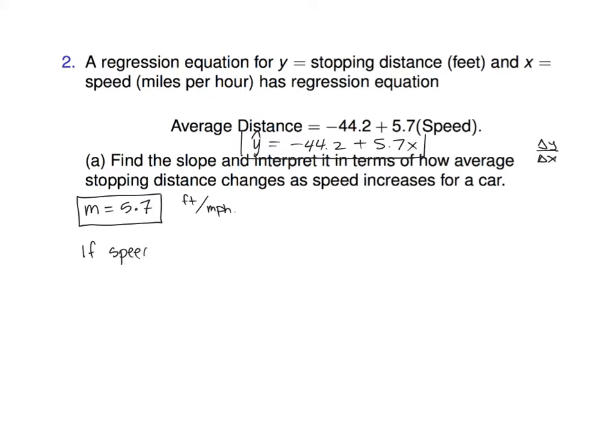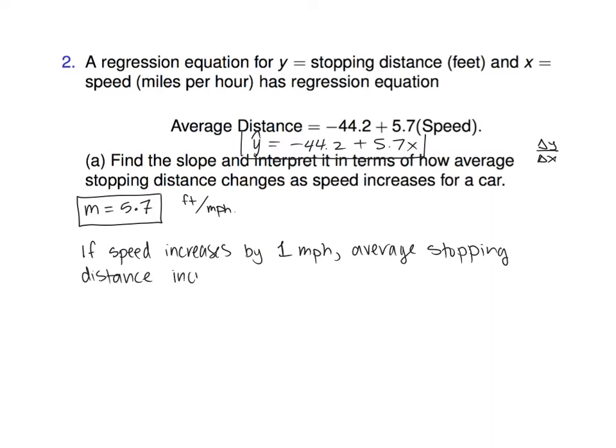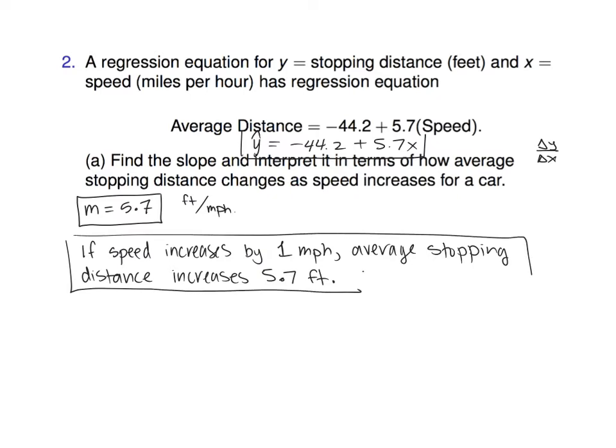So if speed increases by 1 mile per hour, average stopping distance increases 5.7 feet. I mean, this is the reason why when you're driving in traffic, if you're going fast, you should allow more space between yourself and the car in front of you. The faster you go, the longer it takes you to stop. This just quantifies that relationship.